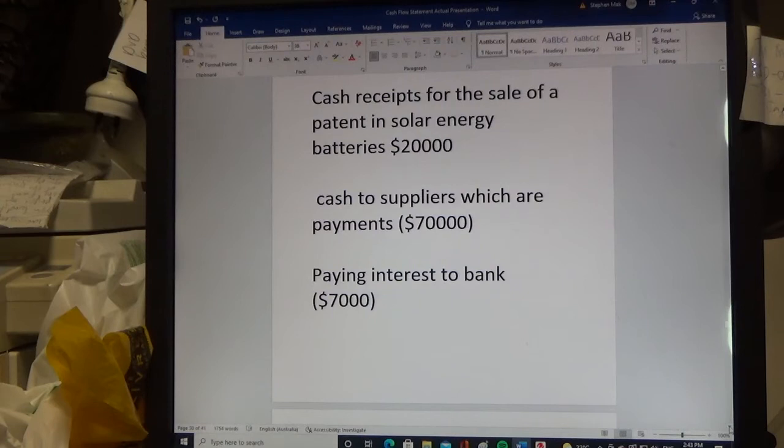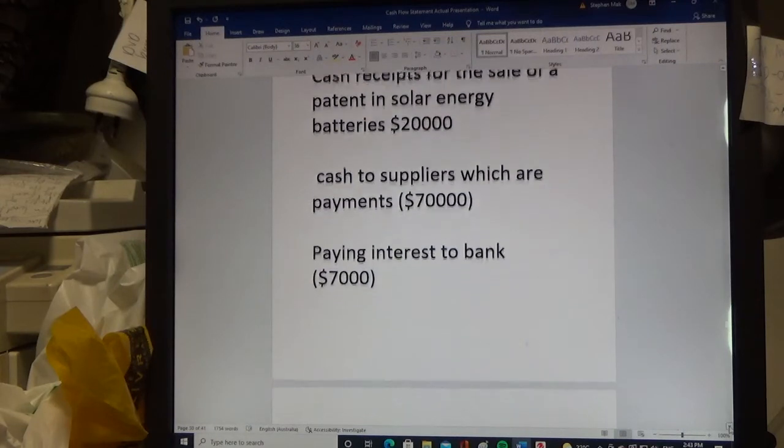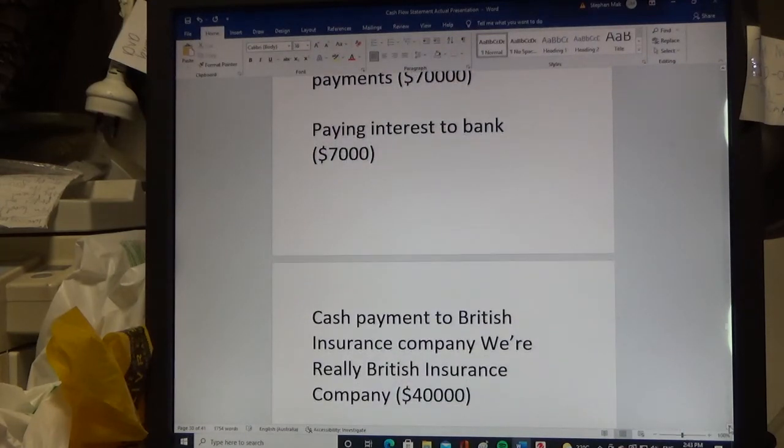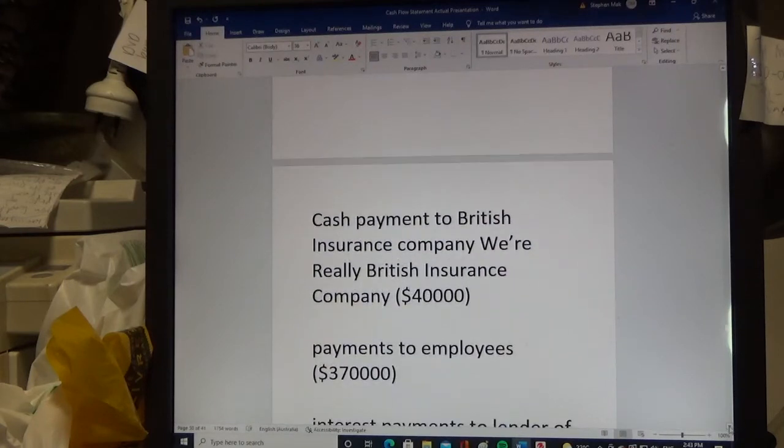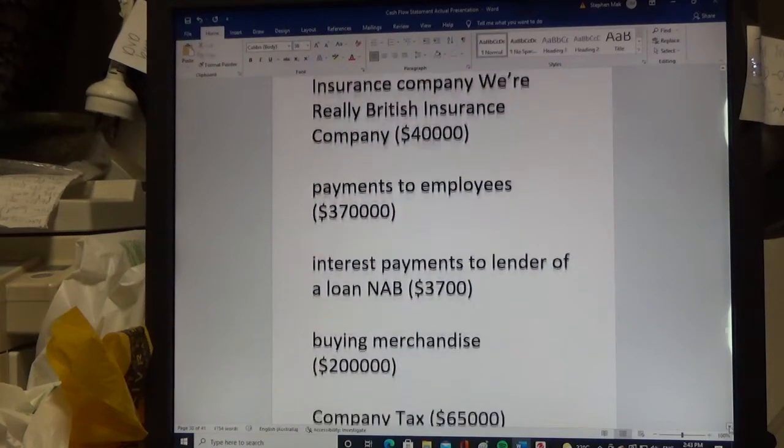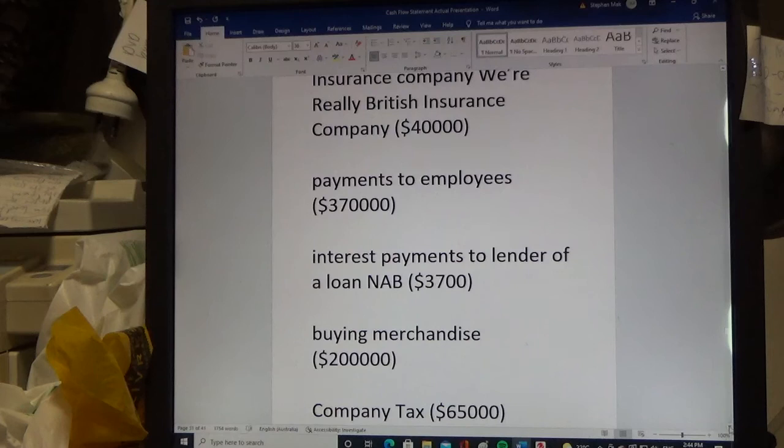Cash to suppliers, which is a payment. Paying interest in the bank, included in operating cash movement. Cash payment to British insurance company, $40,000 in negative cash to purchase insurance products. Payment to their employees. The payroll bill went up a bit compared to 2 years ago.